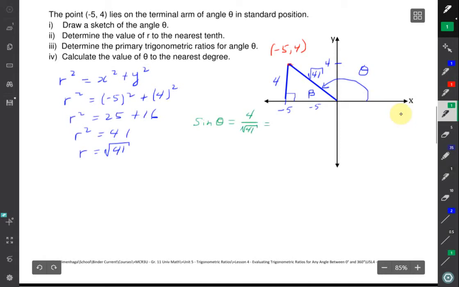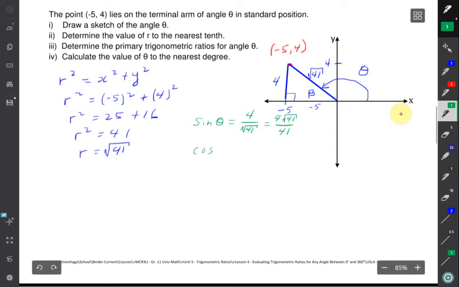Now I need to rationalize that. So if I multiply the numerator by the root of 41, this is what I get. And then I will end up with 41 in the denominator. And if it helps you to write out root 41 times both the numerator and the denominator, then please do that. Otherwise, you're welcome to do this in your head at this point.